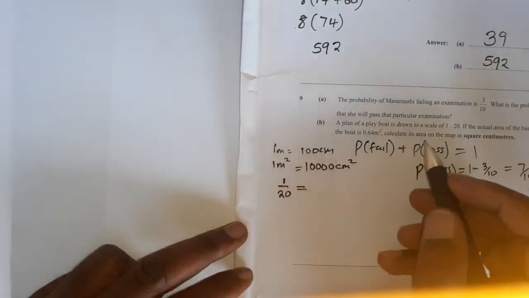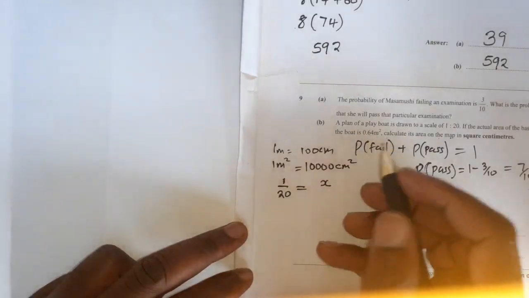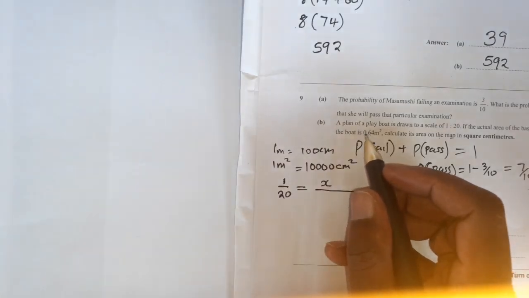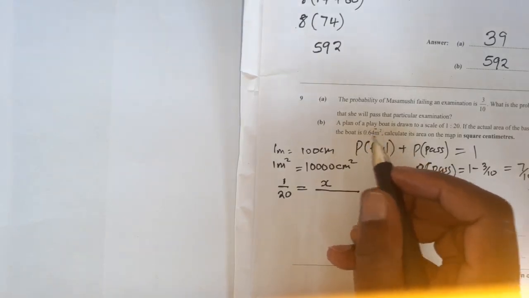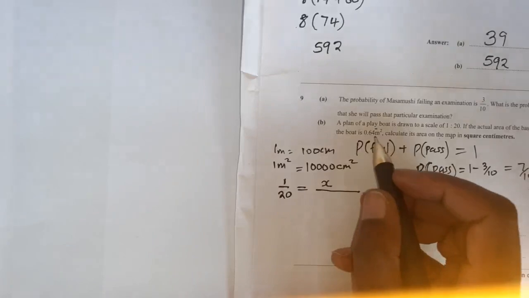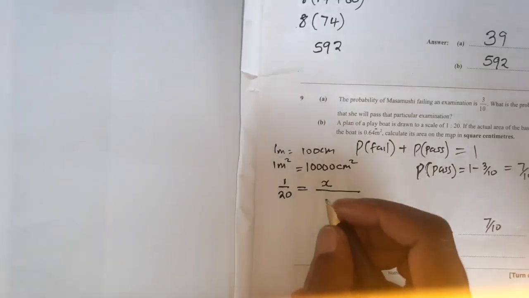Here we want the area on the map, and this is what is missing. On the ground, it is given as 0.64 meter squared. So we need to convert this into centimeter squared.